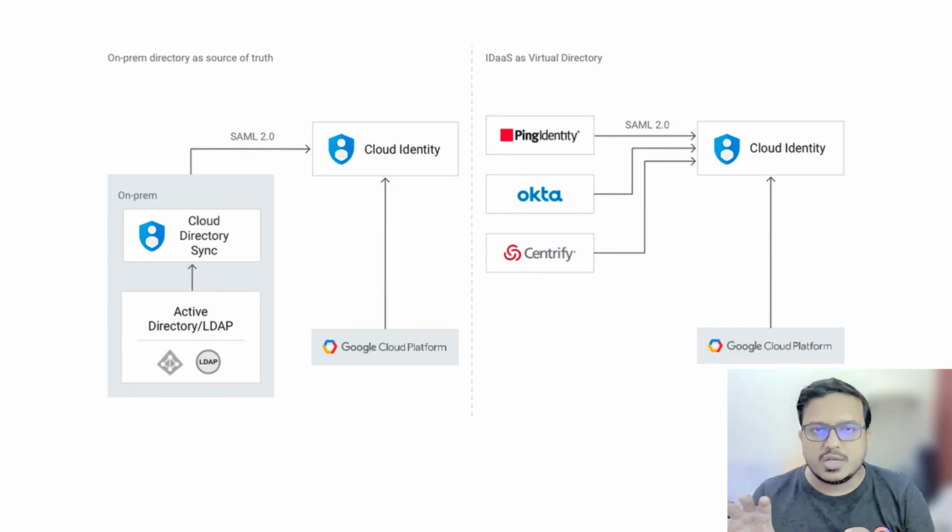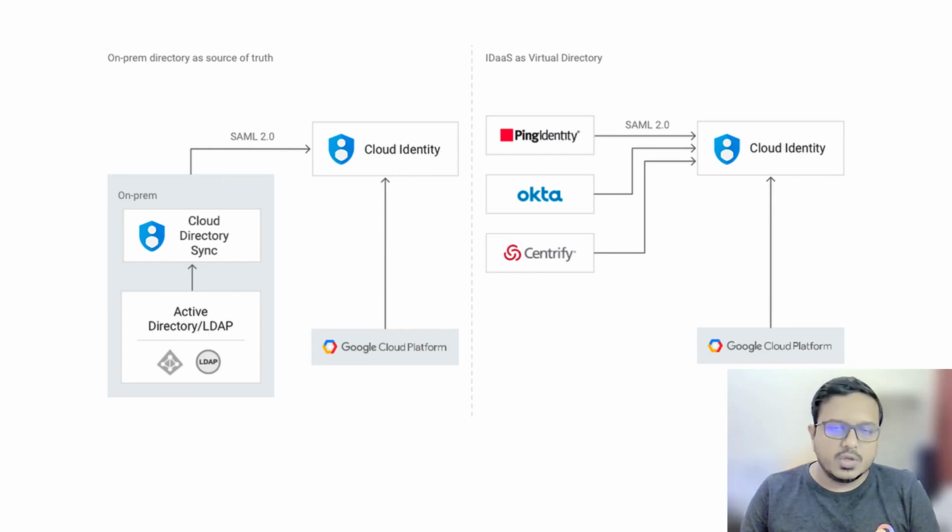Say they have Okta and they have multi-cloud and they use Okta to authenticate Google Cloud as well as AWS as well as Azure. So normally these are the reasons that different companies would like to use a third-party identity provider. You just have to be aware of these options and that they are present. And well, Google supports all of these three options.